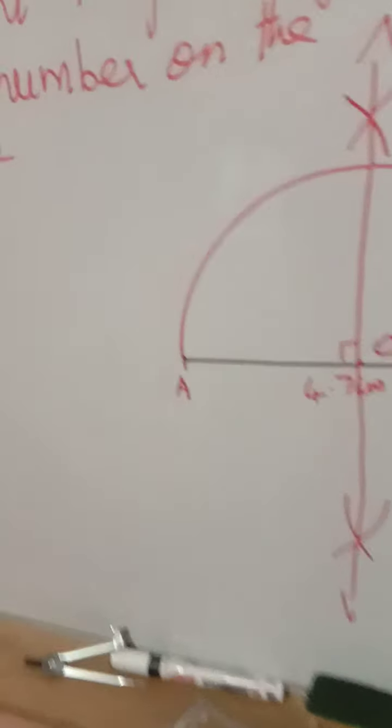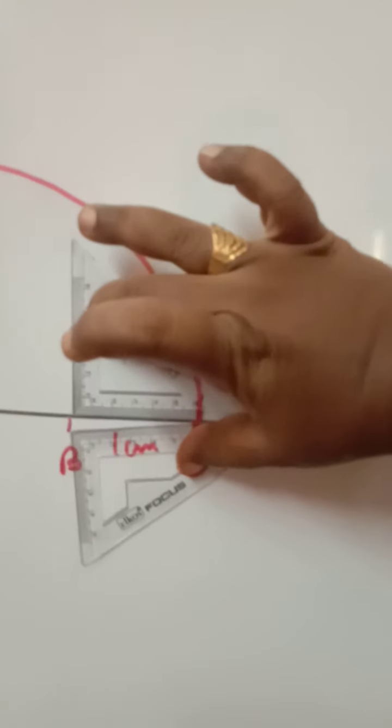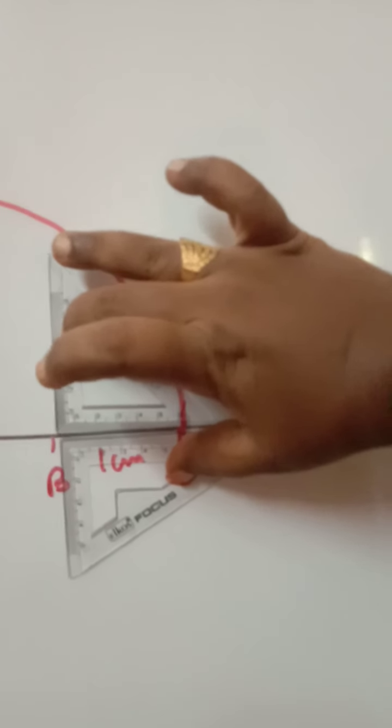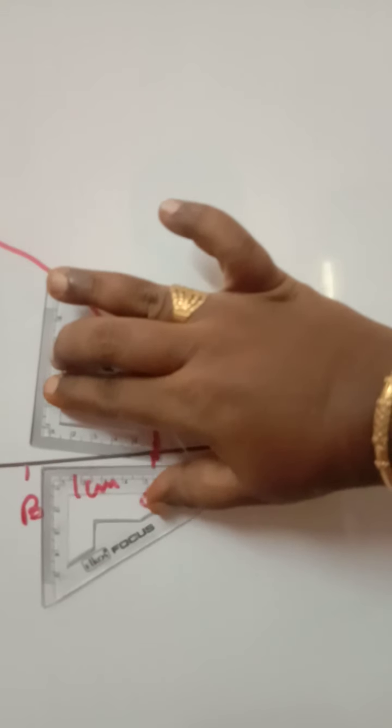Next, take the set square and we have to draw. Keep the set square on BC like this.